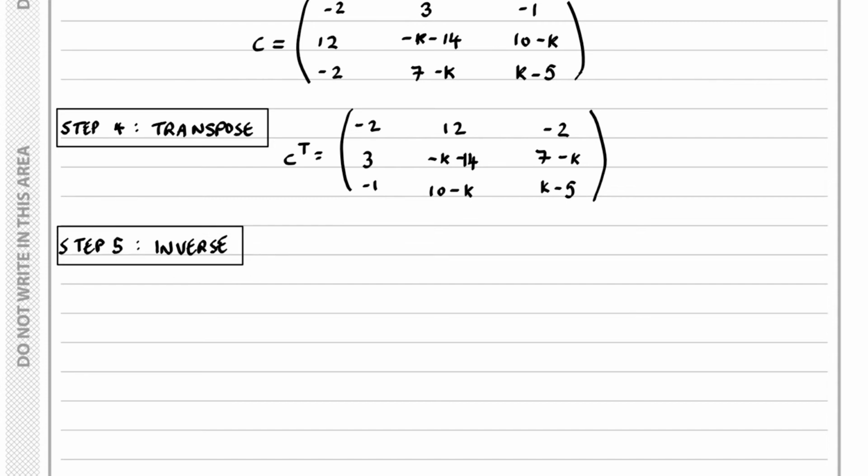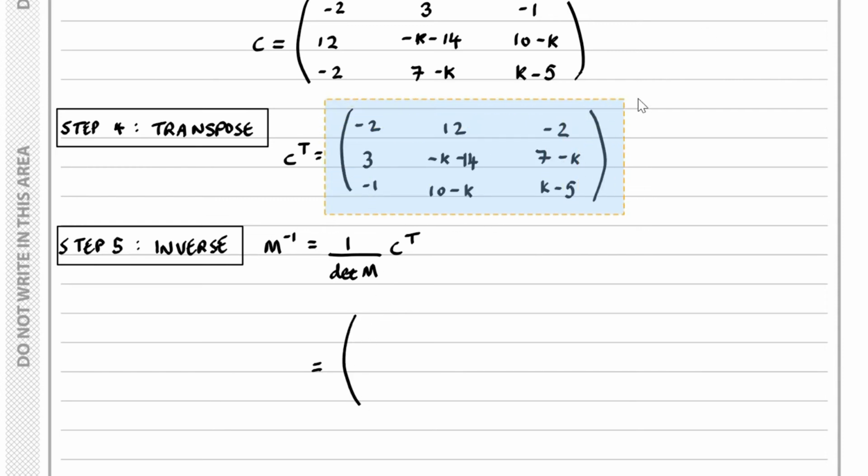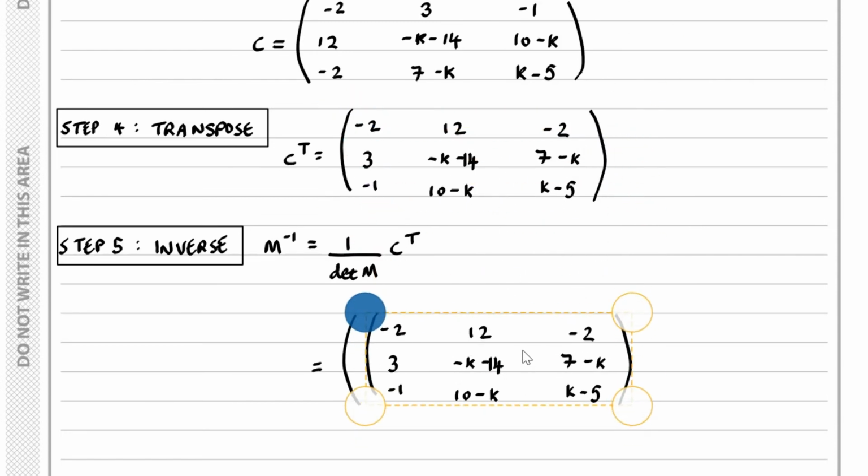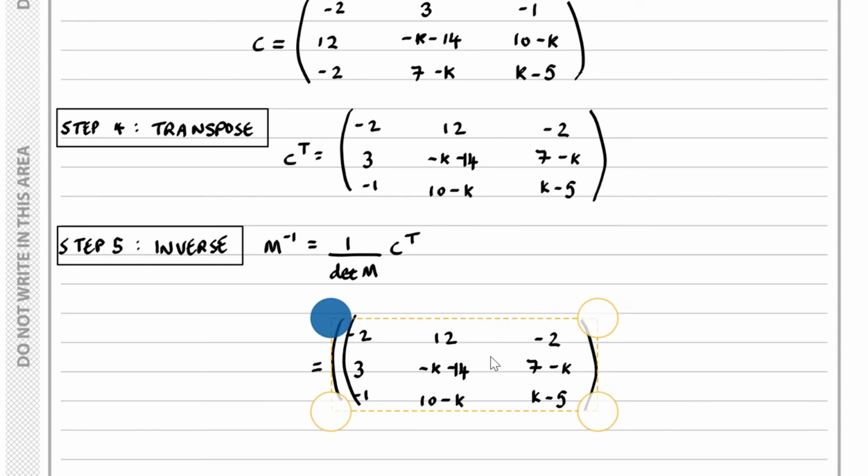So the inverse of the matrix is equal to 1 over the determinant of M times by C transpose. So here you can see we've got C transpose over here. We'll just copy and paste this. So here we've got C transpose.